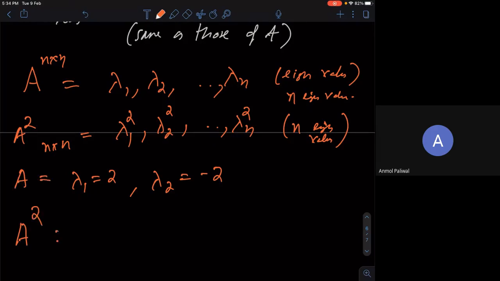For A square, there are two eigenvalues of 4: 2 square and minus 2 square. Yes, this is correct, it can be that lambda 1 square is the same as lambda 2 square. I'm not denying that. That's good.